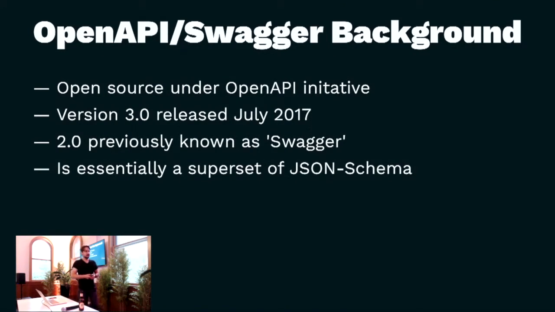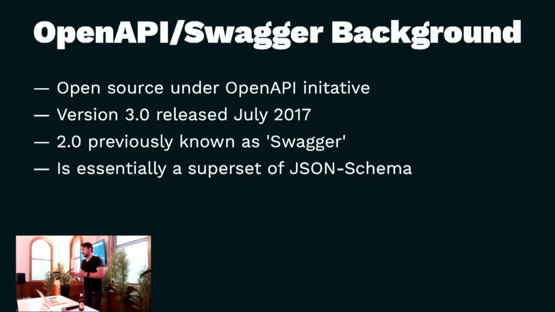A little bit of background, as I've referenced. OpenAPI is open source under the OpenAPI Initiative project. It's got all the big names attached to it. Version 3.0 has been around for just over 12 months. And 2.0 was the one that was previously known as Swagger. So although Swagger has become OpenAPI, Swagger is what was called 2.0.